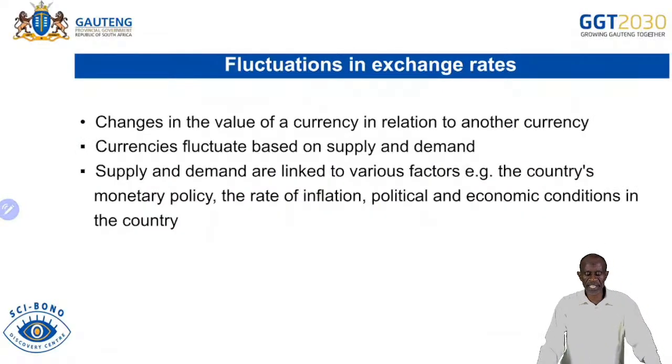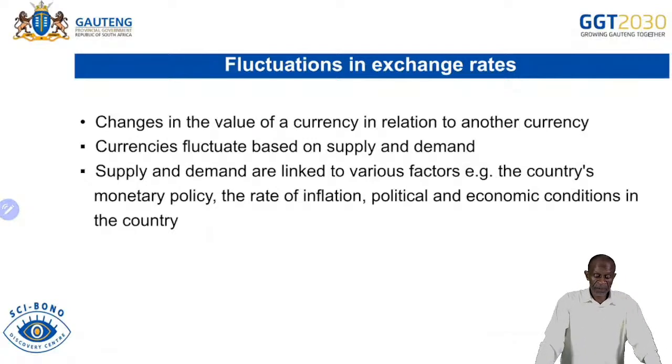The fluctuations in exchange rate refer to changes in the value of a currency in relation to another currency. Currencies fluctuate based on supply and demand. Supply and demand are linked to various factors, for example, the country's monetary policy, the rate of inflation, and political and economic conditions in the country.